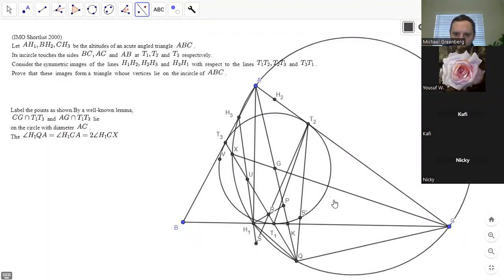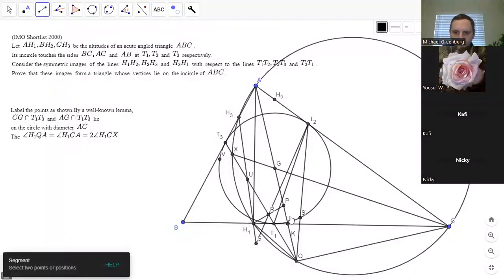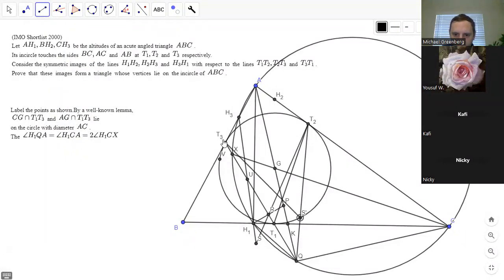And then I think by the same argument, we could show that U, S prime... okay, so if you reflect T1 and T2 over the angle... now I'm just getting confused.